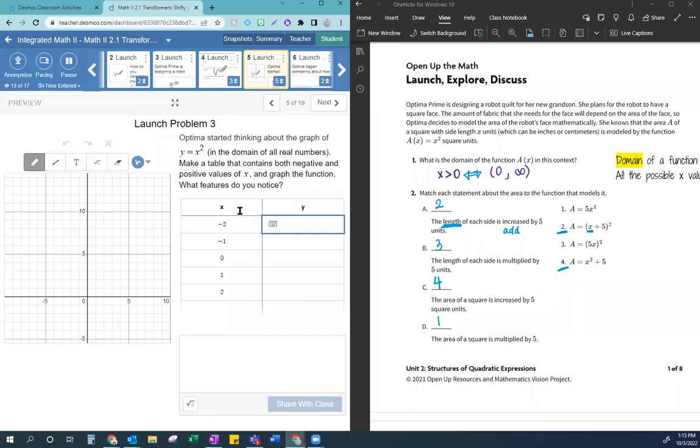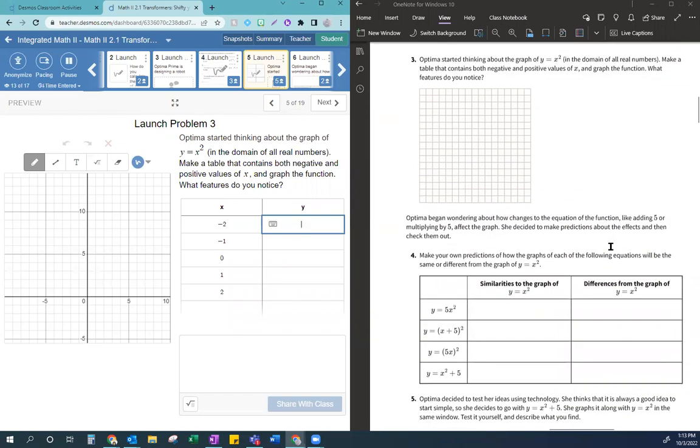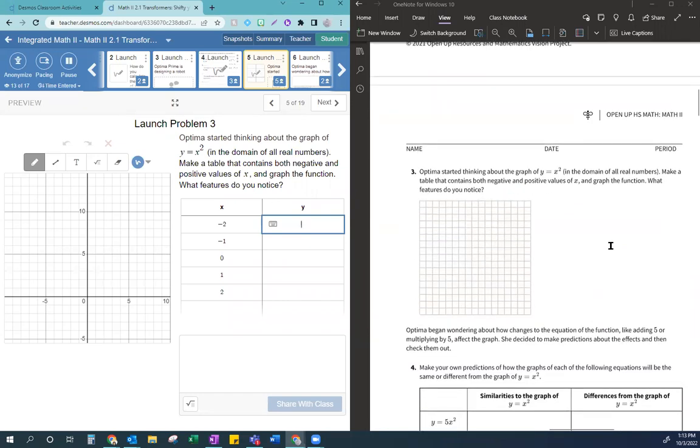Okay, I'm just going to remind you, when you square a number, right? So -1 quantity squared is 1 because -1 times -1 is 1.